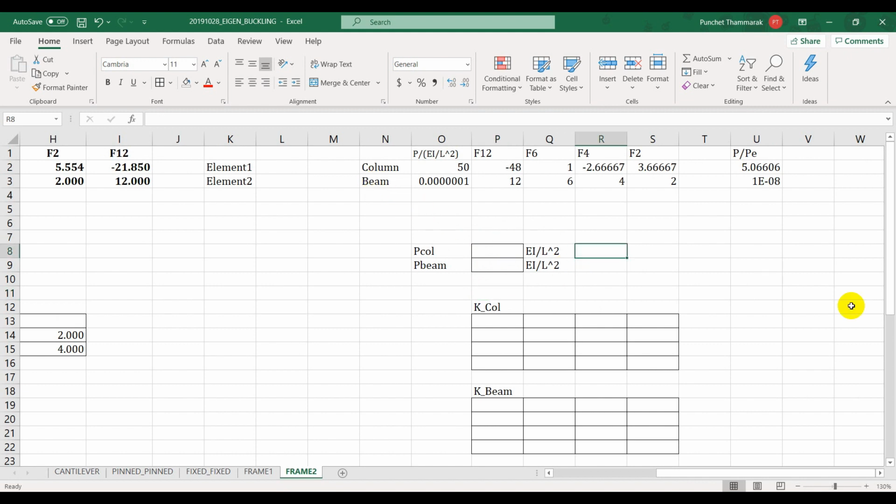L column is equal to something that is scaled by L beam, is also scaled by L. So L column is equals to 0.5 and L beam is 1.0. P beam small 0.001.